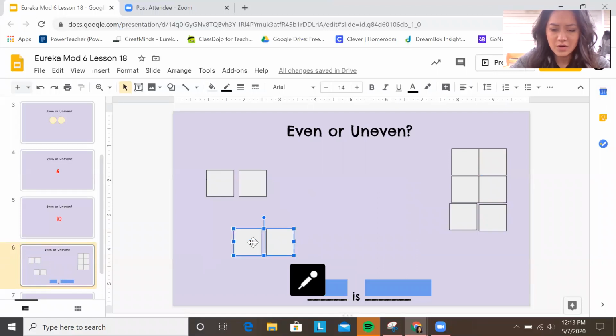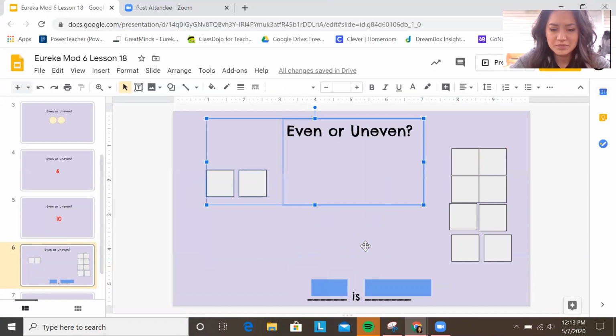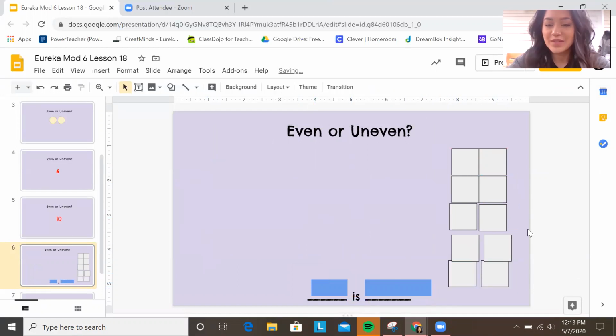Let's make this a row. And here's a row. This can be a little tricky with technology. All right, I have an array. Is there any square that is left over or doesn't have a partner? No, that means that it's even. There's nothing left over or without a pair.